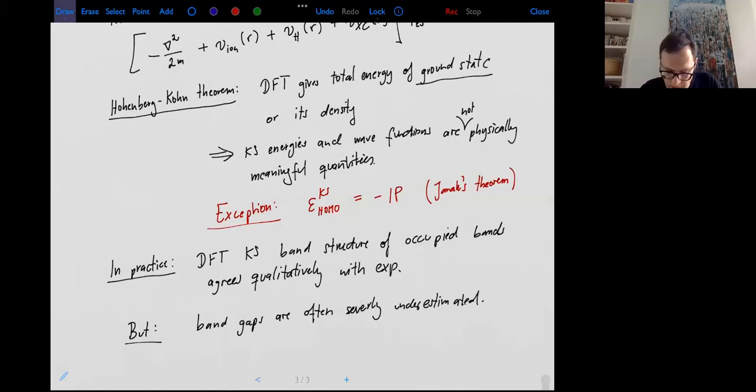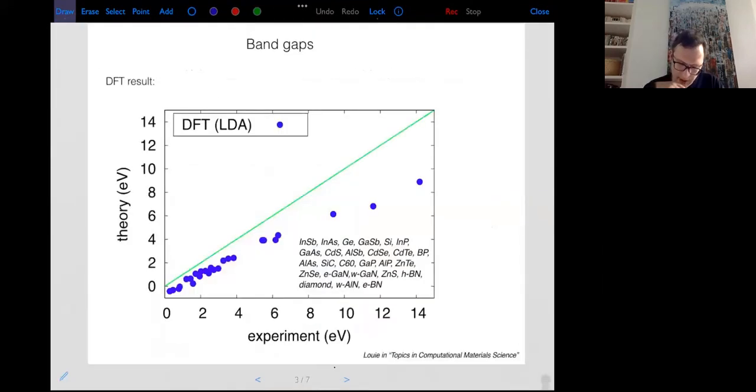So let's take a look. Here you see the band gaps of something like 20 or 25 different semiconductors or insulators. On the x-axis is experiment, on the y-axis theory, and the blue dots are the Kohn-Sham energy gaps obtained from density functional theory with the local density approximation. Perfect agreement between theory and experiment would mean that the blue dots would have to lie on this green diagonal, but clearly they don't.